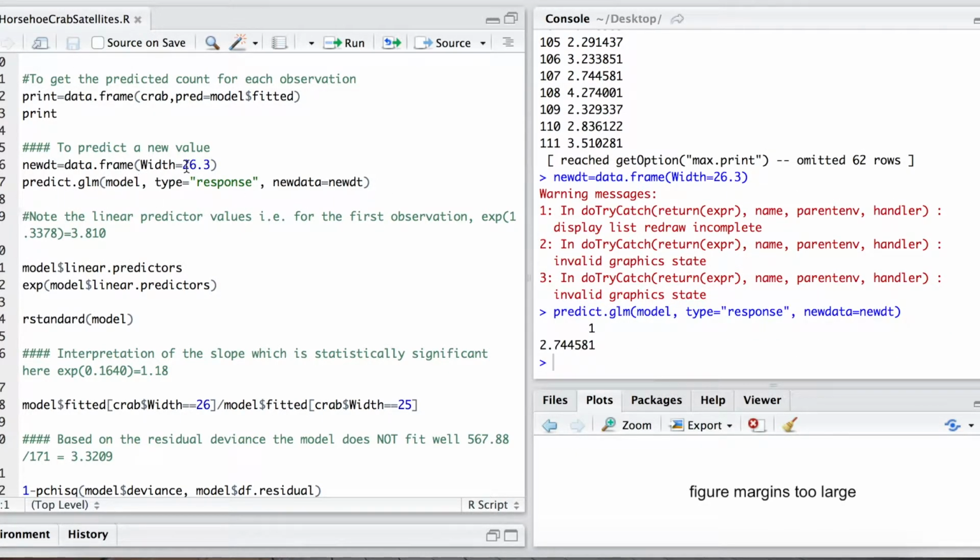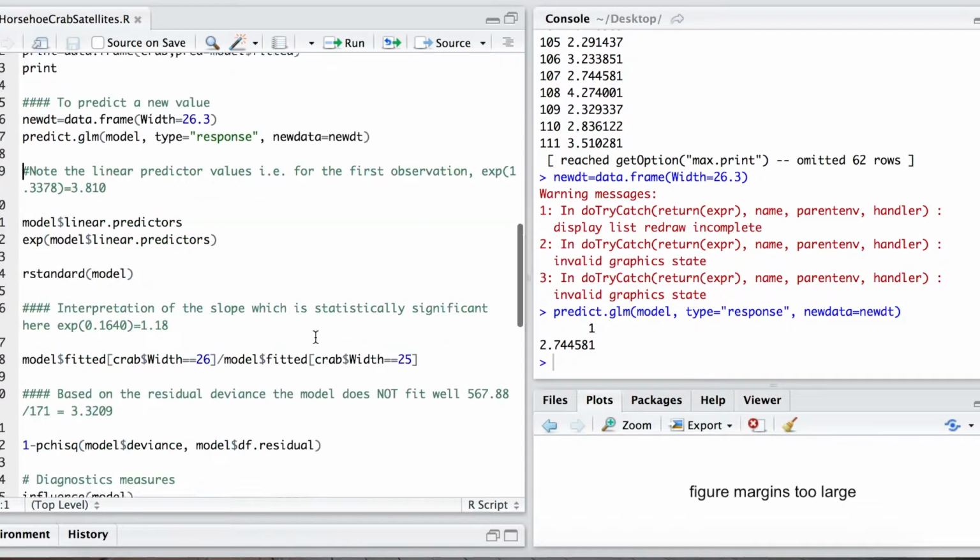If the mean carapace width is 26.3 centimeters, we obtain our fitted value mu hat, which equals e to the negative 3.30476 plus 0.16405 times 26.3, equals 2.744581. So based on the fitted GLM, our best estimate of the number of satellites for a crab with width 26.3 centimeters is 3.